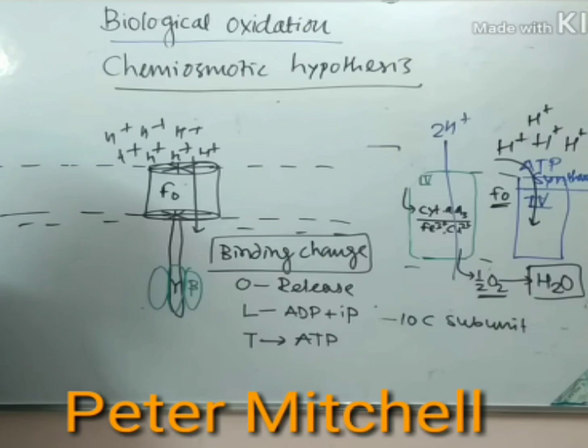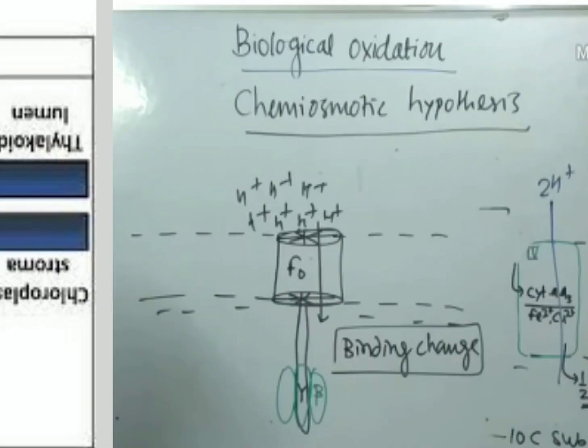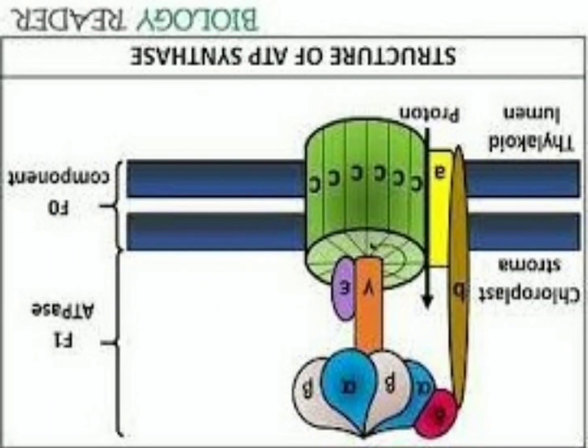And what is the chemiosmotic hypothesis or chemiosmotic process? In the chemiosmotic hypothesis, hydrogen ions outside the mitochondrial membrane transfer to the inside of the mitochondrial membrane with the help of ATP synthase. ATP synthase basically has 2 subunits, but we can explain it in parts, that is the FO subunit and the F1 subunit.